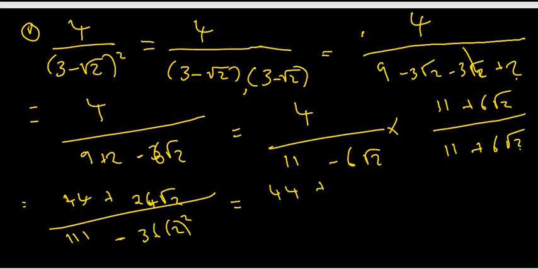Then from there we can clearly see to say 44 plus 24 root of 2, it will be over 121 minus 72.